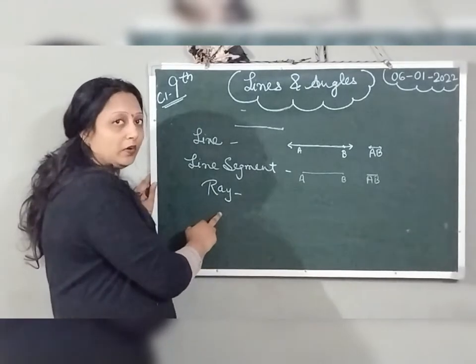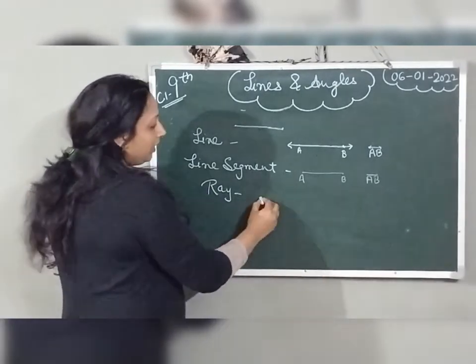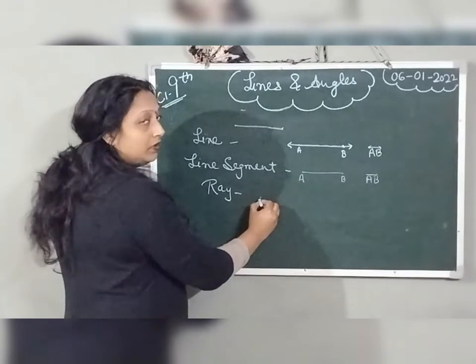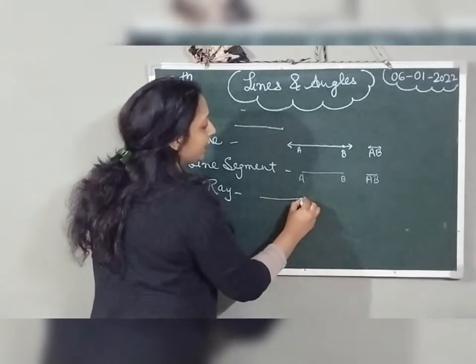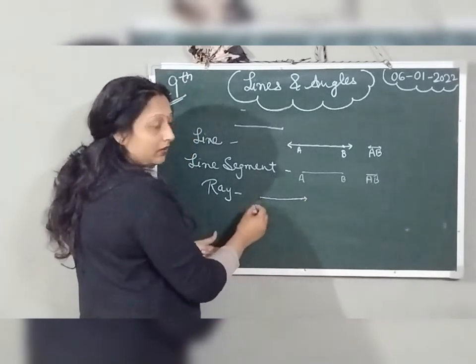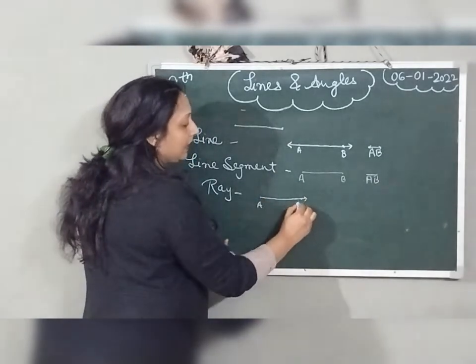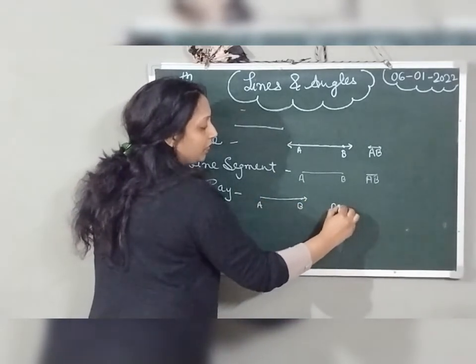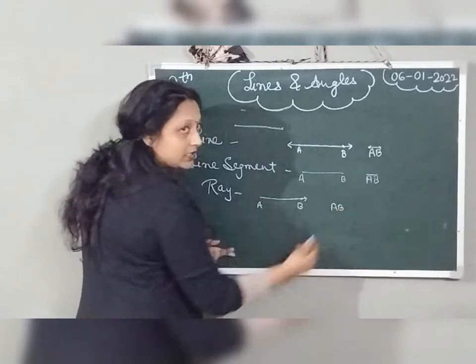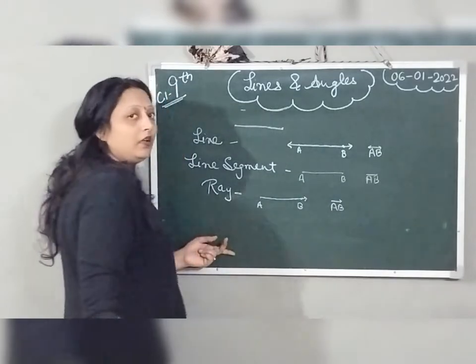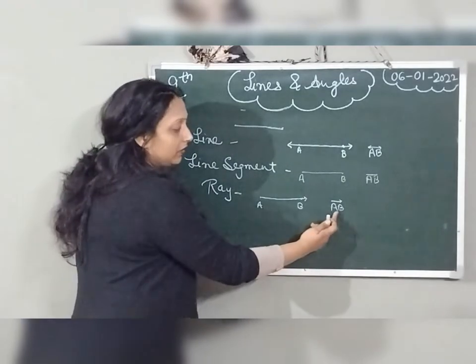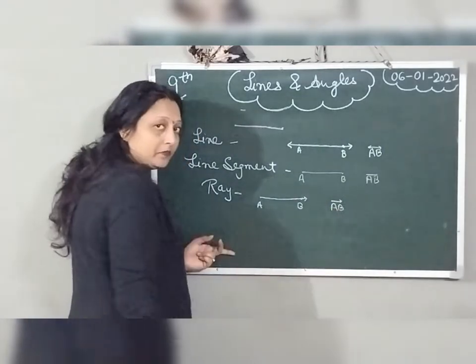If I talk about a ray, it starts from one fixed point and can be extended in one direction as much as you can. So we can give it the name ray AB. The ray is going on the right side, so we have to put the arrow on the right side. This is the symbol of a ray.